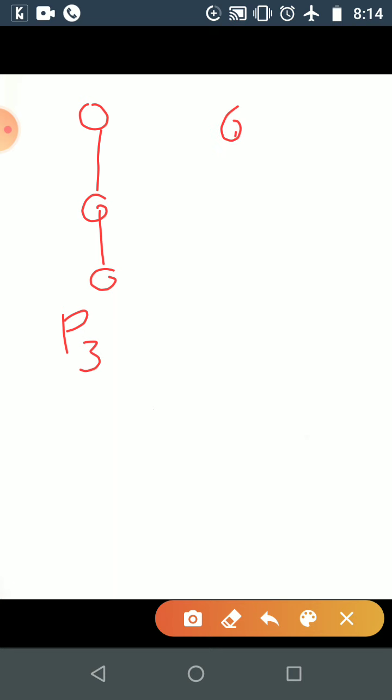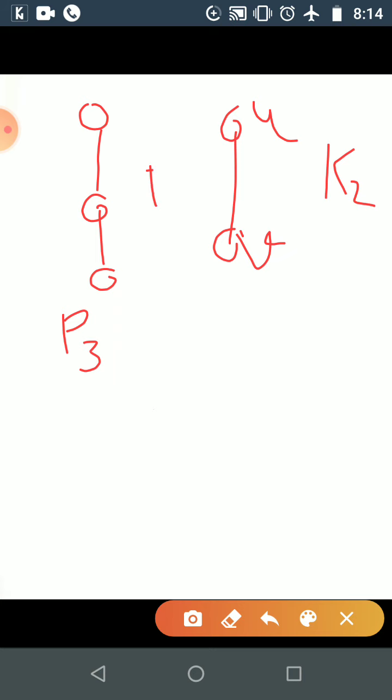Some more examples we can take. Suppose P3 cross K2. So this is P3 and cross K2. So this is K2. Here I'm just taking the simple graph and labeling the vertices U and V. This is K2.